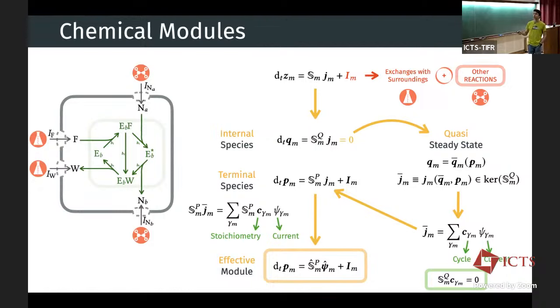So the product between the sub-stoichiometric matrix for the terminal species and each cycle gives you the stoichiometry of an effective reaction between the terminal species. Because the cycles are those sequences of reactions which upon completion don't change the abundances of the internal species. But the net effect is to change the abundances of the terminal species in this case, or the exchange species until yesterday.